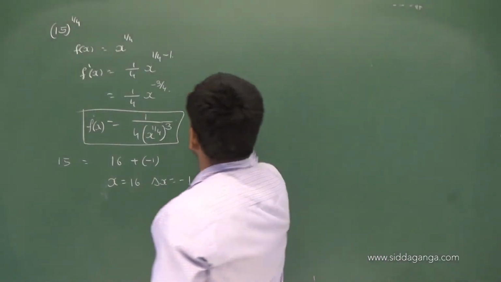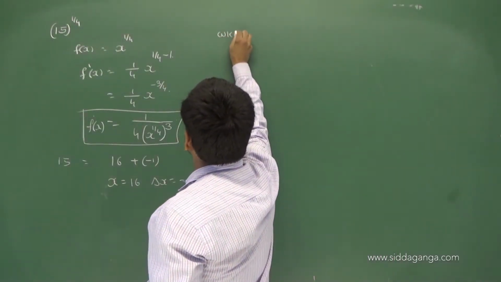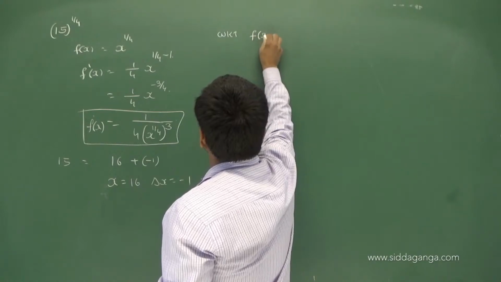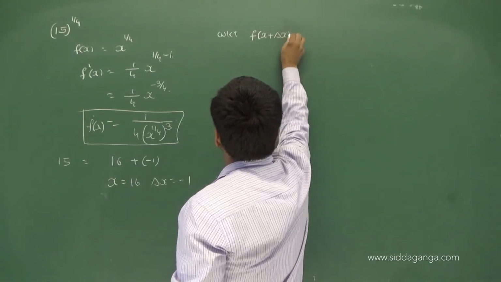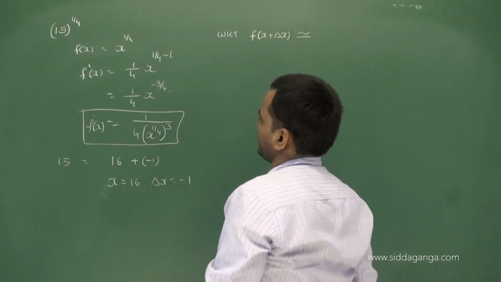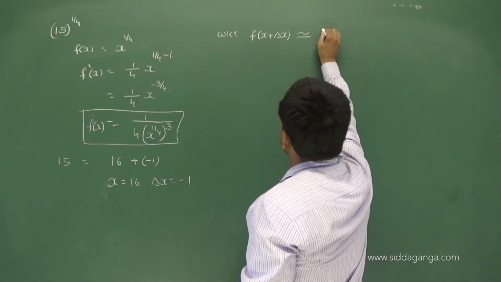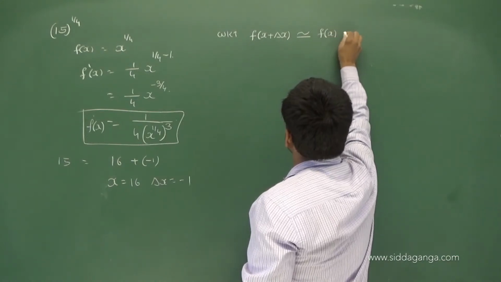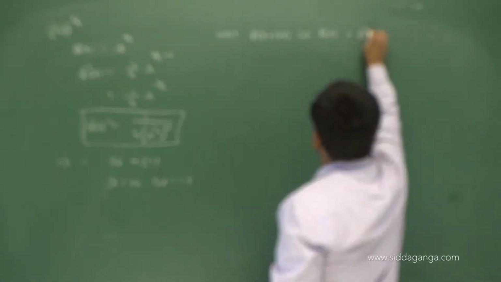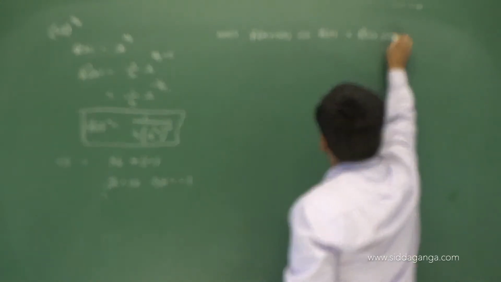Delta x is equal to minus 1. We know that f of x plus delta x is approximately equal to f of x plus f dash of x into delta x.